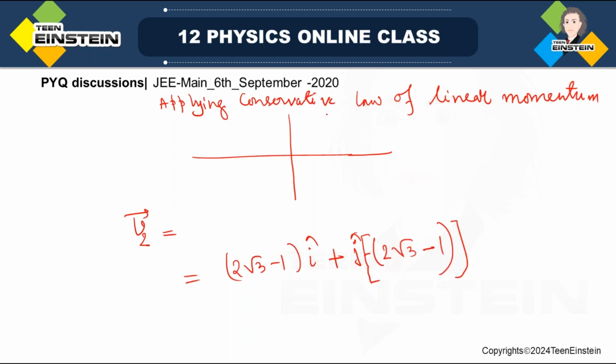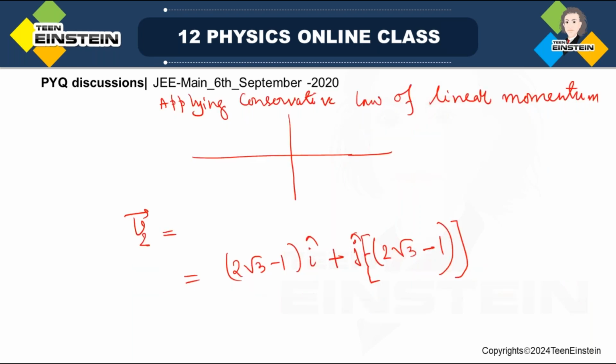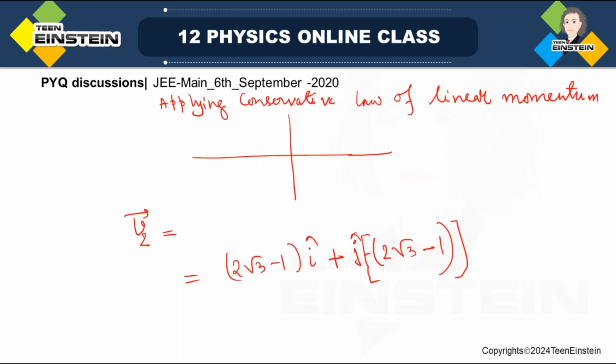So V1 is i cap root over 3, I think root over 3j. Yes, root over 3j. So V1 is this. So what is the angle here?